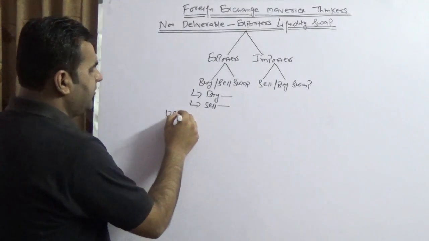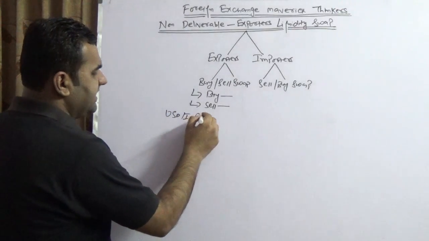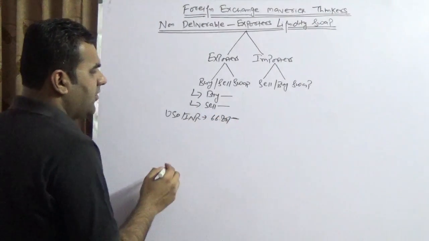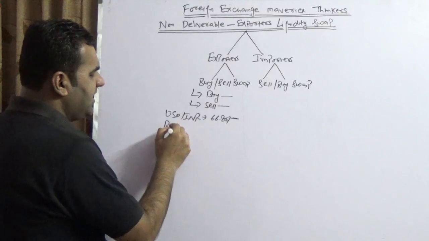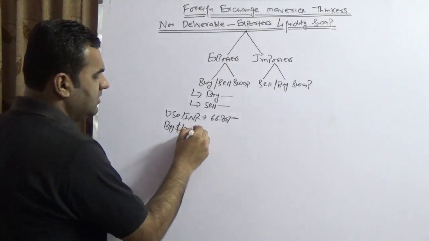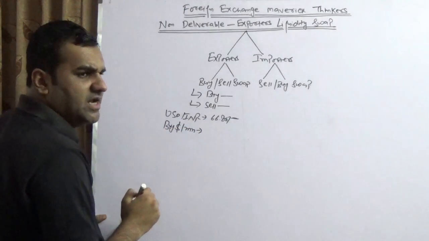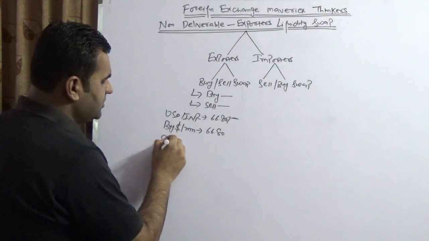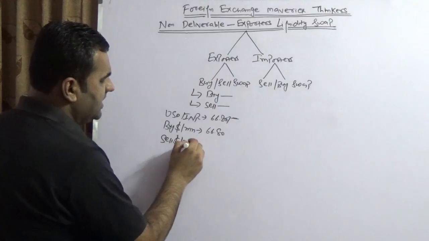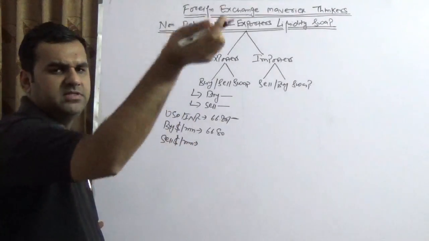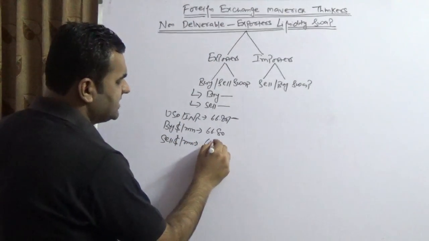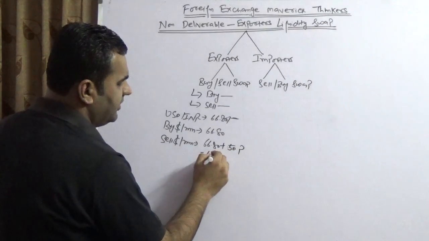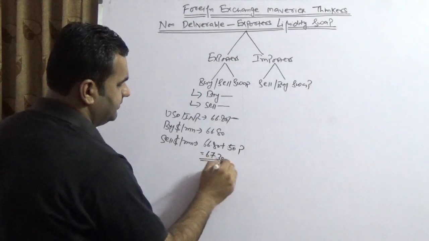Take an example of USD INR which is trading at 66.80 today. Now what is buy-sell? You buy 1 million today at a spot of 66.80 and you sell 1 million for 1 month down the line. So you get 66.80 plus, assuming 50 paisa premium, 67.30.